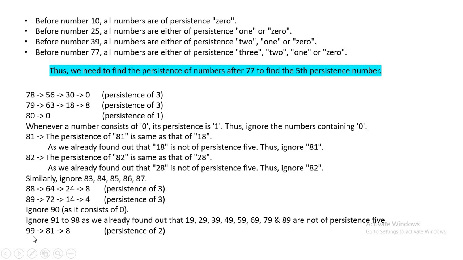So we will calculate the persistence of only 99, that is 81 and 82. So till now we have calculated the persistence of 77, 78, 79, 88, 89, and 99.